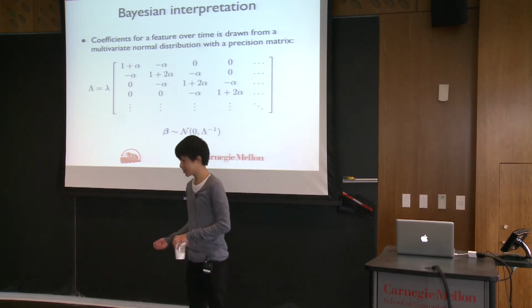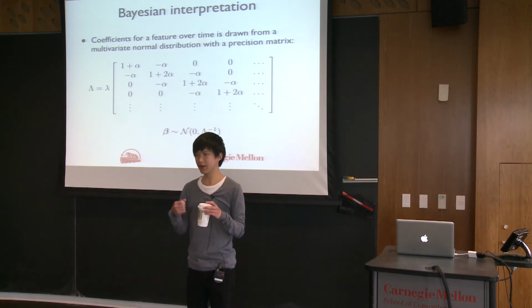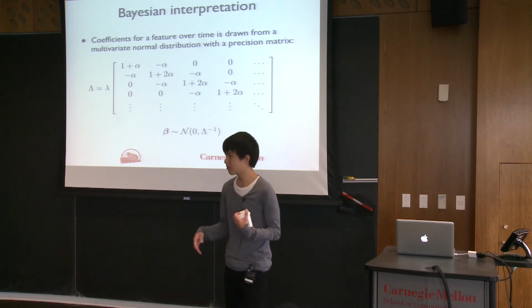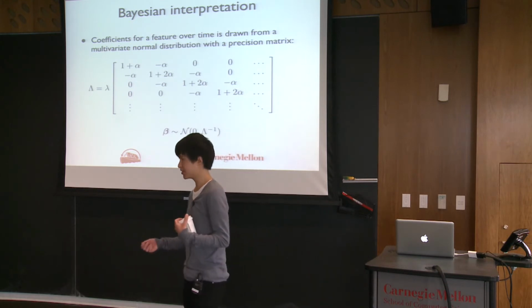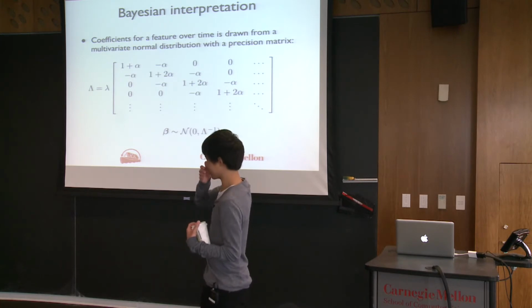a well-defined probabilistic interpretation. In this case, we can assume that for a single feature over time, the feature weights are drawn from a multivariate normal distribution with 0 mean and this precision matrix here.